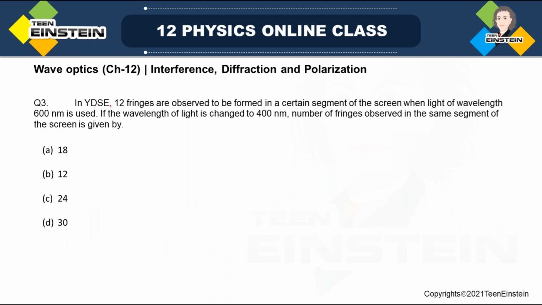In YDSE, that means Young's double slit experiment, 12 fringes are observed to be formed in a certain segment of the screen.